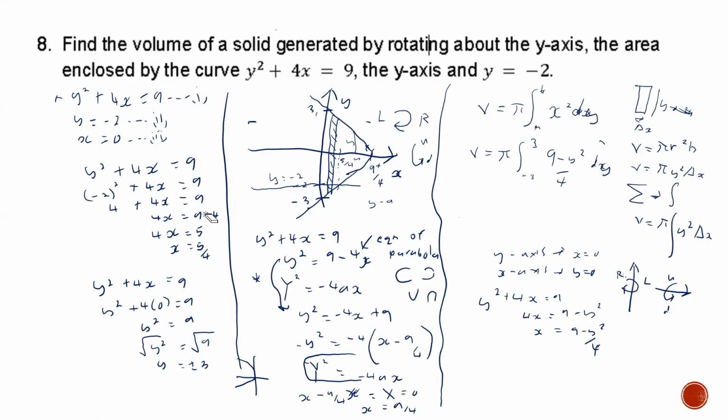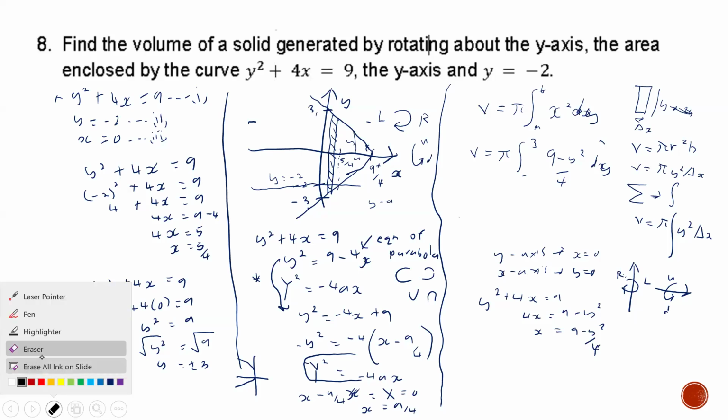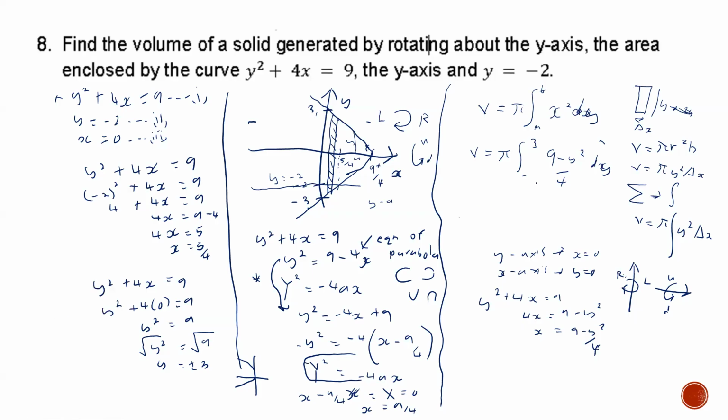It's just that this -2 here, where the eraser is, was helping us to get the x coordinate. But ideally we shouldn't take it that the limits are -3 and 3, because they stated the line y is equal to -2. So yes, this is a -2. If that line had not been stated in the question, then we'd have taken our limits as -3 and 2. So I agree. I really agree.